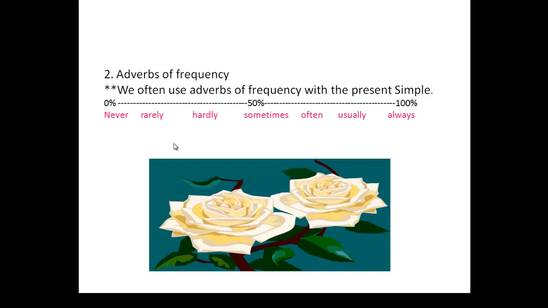They are never, rarely, hardly, sometimes, often, usually, and always. These words are adverbs of frequency, and we use them with the present simple.